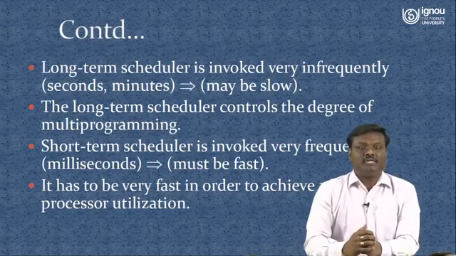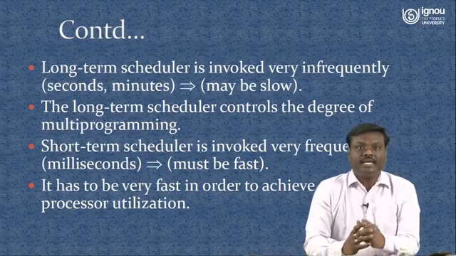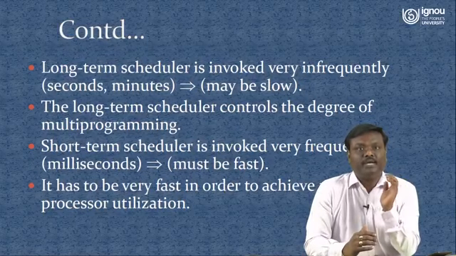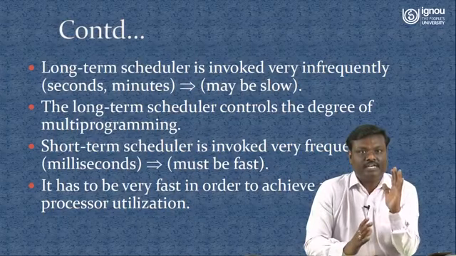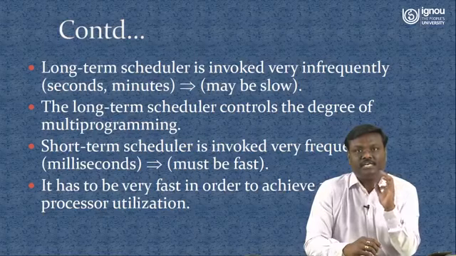The long-term scheduler is very slow. Why? Because it is the job of the long-term scheduler to take the processes from the wait state to be loaded into the main memory. Once the main memory is full, it should wait in order to make them ready and put them once again into the RAM.